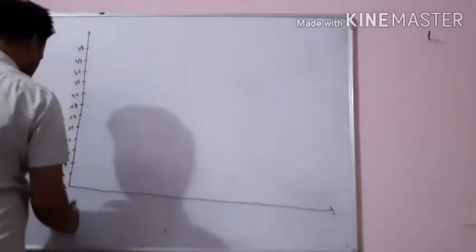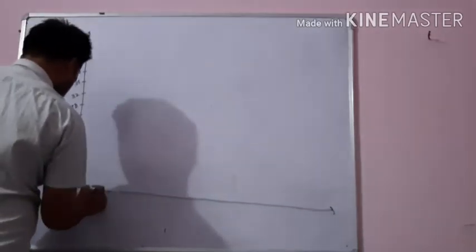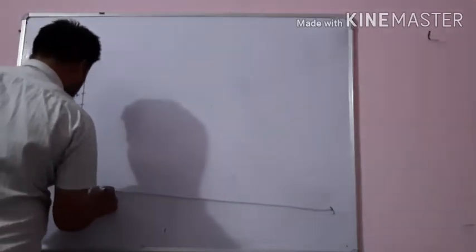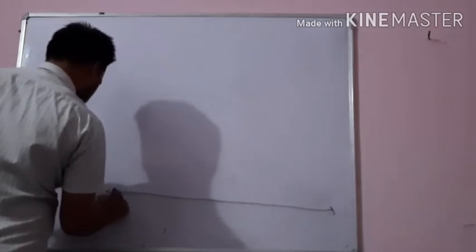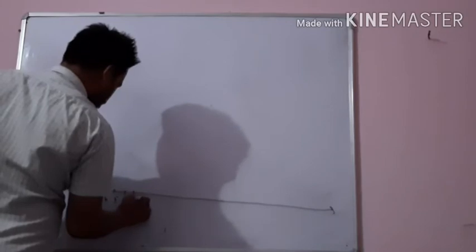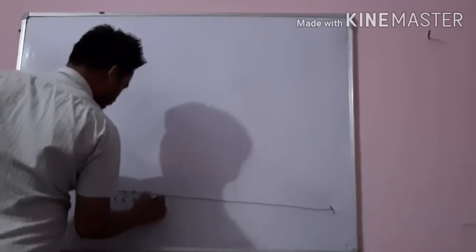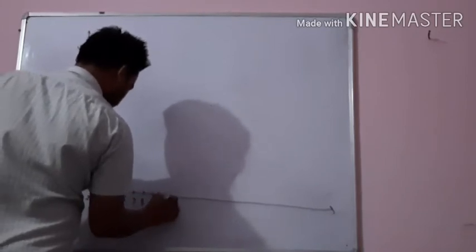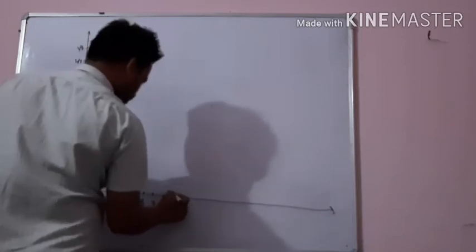And on the x-axis: 0, 1, letters 2, 3, 4, 5, 6, 7, 8, 9, 10.